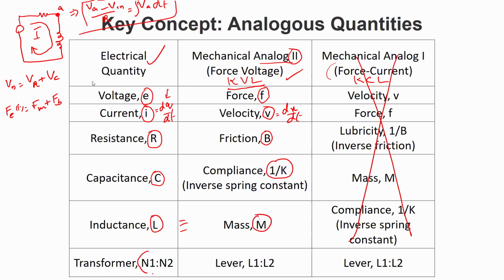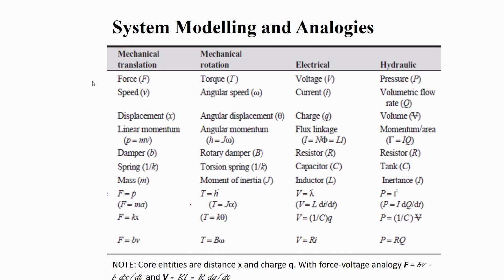Inductance L is equivalent to mass. Similarly, the transformer, when you change a voltage going up and down, the lever, where the power or forces correspond to the lever length, basically. That's what it is. So now these are 4 kinds of systems with this electrical and mechanical analogy, with the analogy 2, as I said.